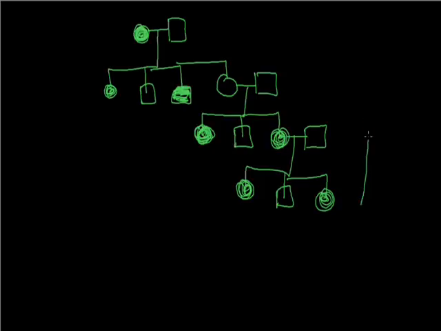Pedigree we have to read from bottom to top, because this is our generation, this is our ancestors' generation. If we look into that, here both the females are affected by a female. From this condition we can say that it is an autosomal disease. After that, both females are affected but neither of the parents is affected.